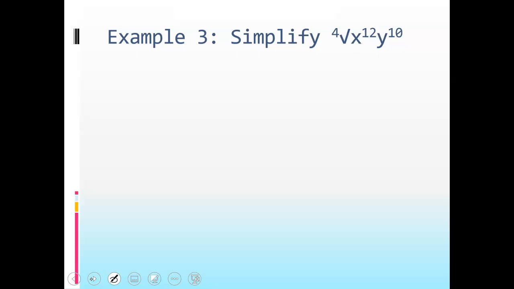That's what we're going to talk about. What happens if, and this is what you had yesterday, if you had a square root and the exponent was odd, then 1 stayed in the square root. If you have a number in a fourth root that does not divide by the number outside, you have to rewrite this as 2 y's. Give me a y number less than 10 that divides by 4. 8.